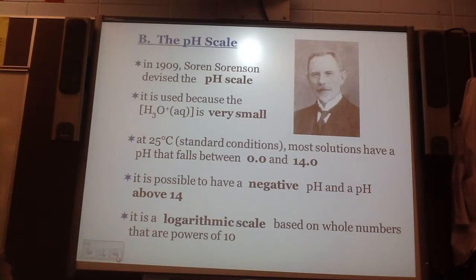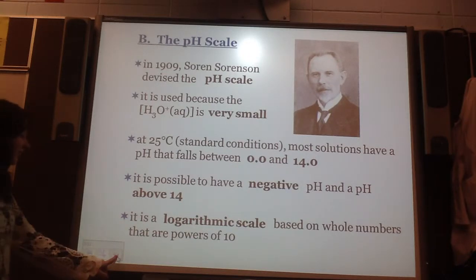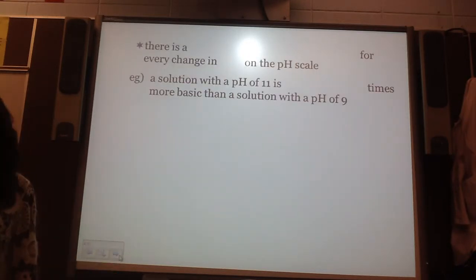It is a logarithmic scale, so using a function of log. Okay? So a logarithmic scale based on whole numbers that are powers of 10. This is where it gets exciting. If you take calculus, you'll understand logarithmic scales so much more, and then you'll be like, whoa, everything connects. At least that's what I thought when I took it.